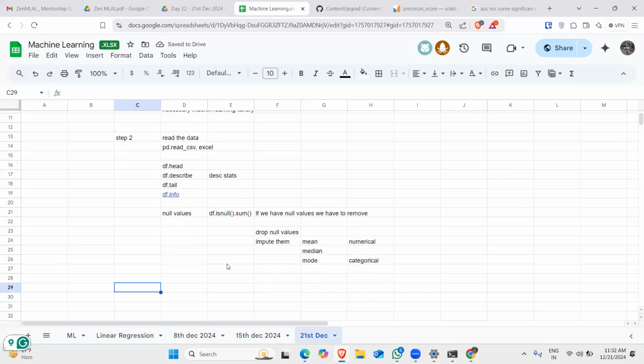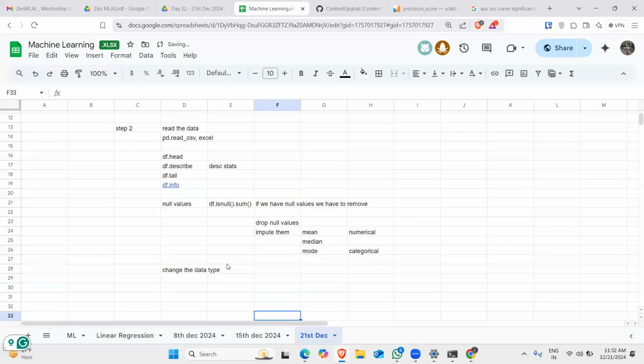Then, if we have incorrect data types, we have to change them according to the condition. Suppose, if you remember, we were working on a case study where we had a price column and a reviews column. Price should be in numeric format, an integer, but it was an object because of the dollar sign.